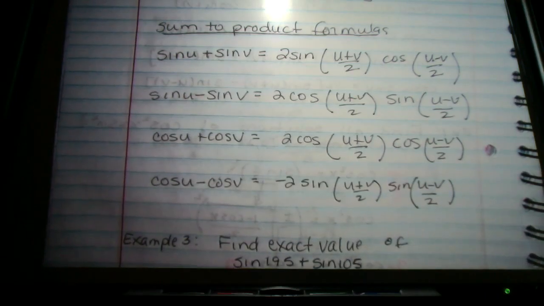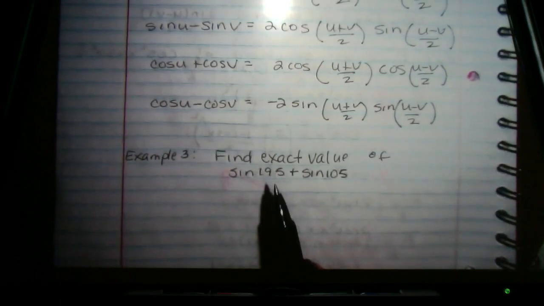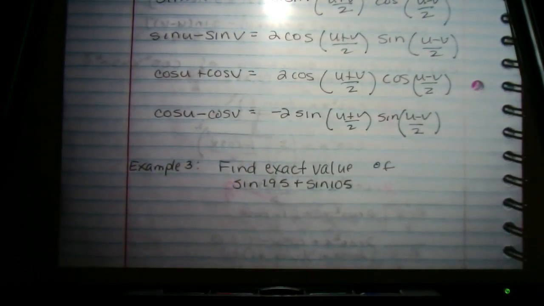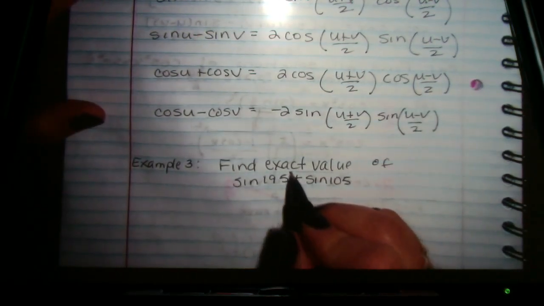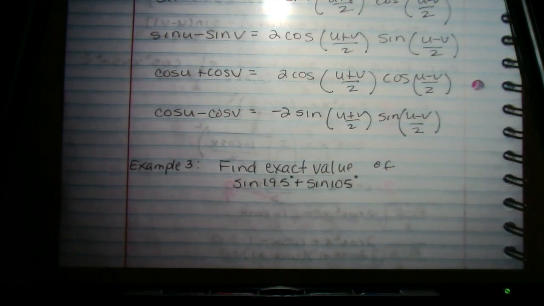Example 3, find the exact value of sine of 195 plus sine of 105 degrees. So what do you think we're gonna do?